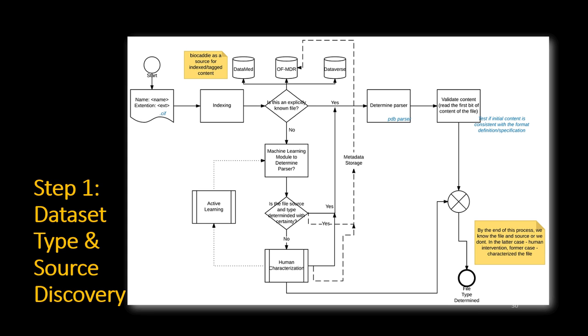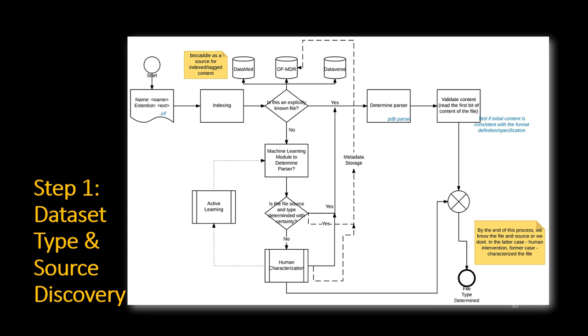From there, we could then determine, at a rudimentary level, whether or not that's a file type that we already know about. And then from there, determine if there's a parser that exists. So you'll see above there there's the OFMDR, that's the OpenFurther MDR. That would be a read source and also a write source.